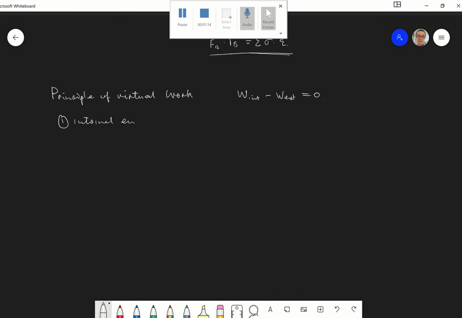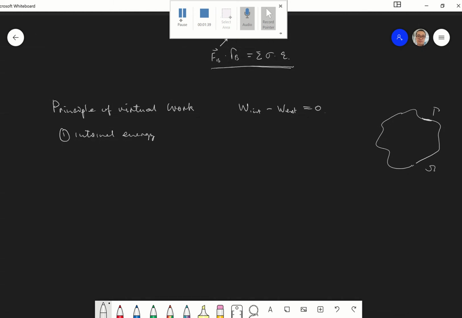So imagine what we are dealing with is a structure where we have some volume omega and some surface gamma. So this is a continuous piece of a body, right? The internal energy is kind of easy because we have sigma and epsilon, so basically it is the stress times strain, right?